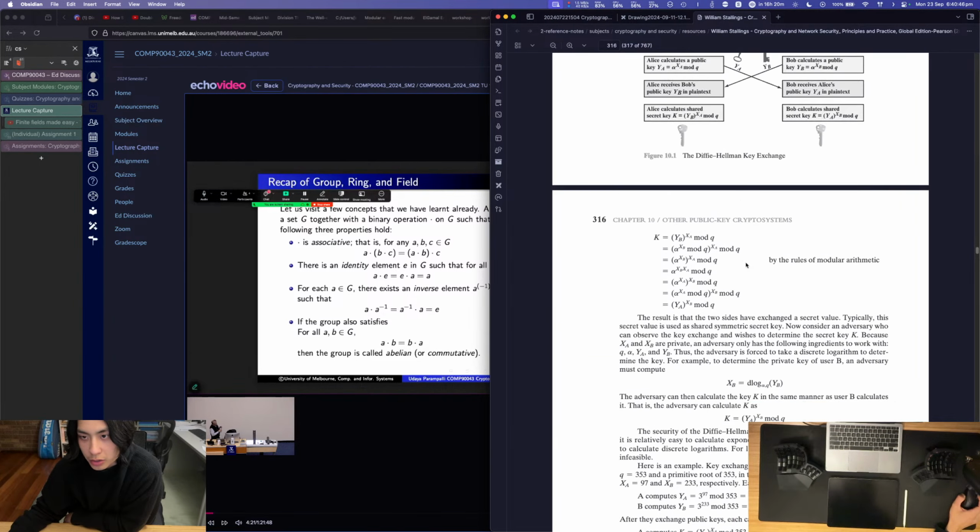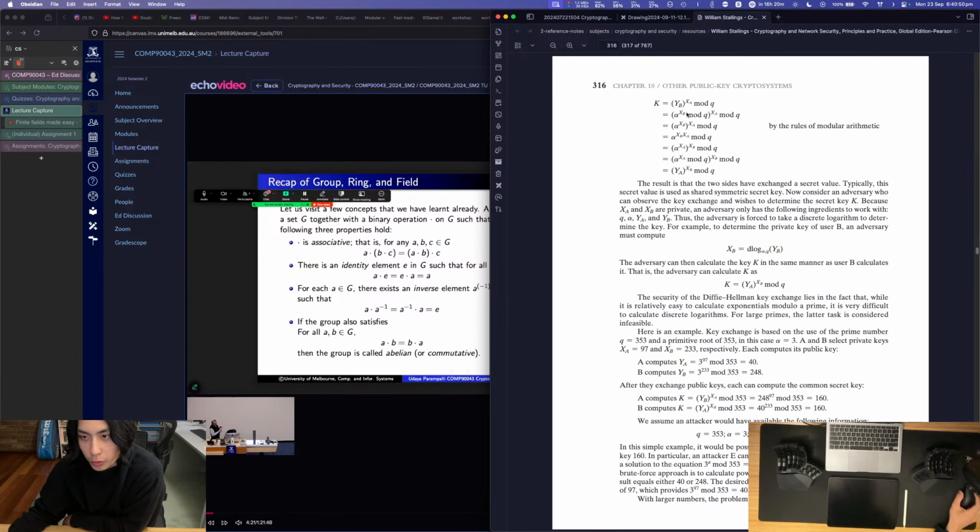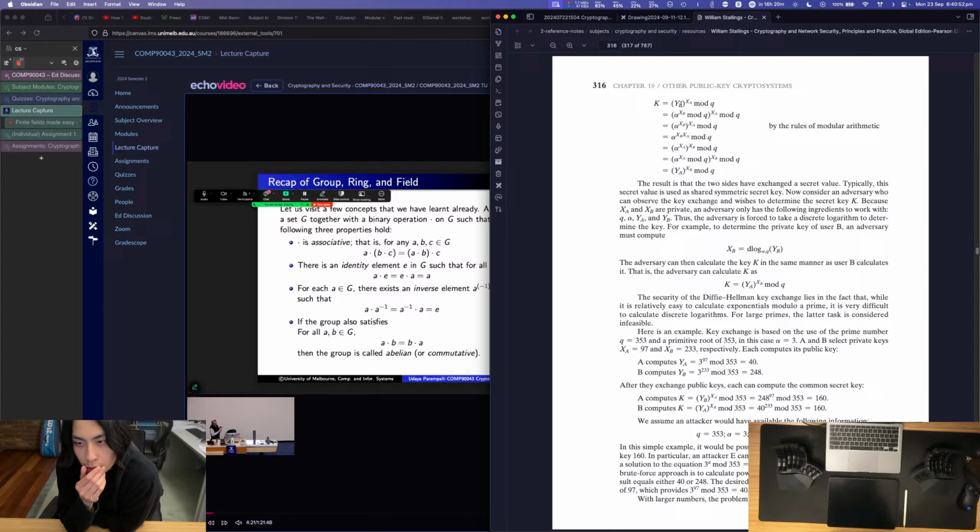Same thing. So by the rules of modular arithmetic, expanded out from yb, it is alpha to the xb mod q, to the xa mod q.